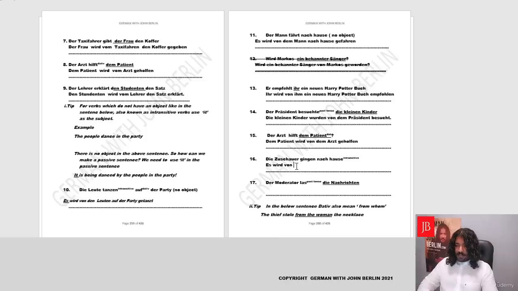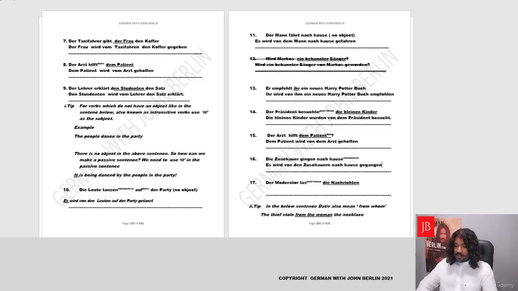So we write den Zuschauer. How do we make dative plural? We have an extra n in the end. So es wird von den Zuschauern nach Hause gegangen. Now this wouldn't sound pleasant in English, but in German it definitely does. It's been gone by the audiences to home. That doesn't really suit the English language, but it definitely is possible in German.